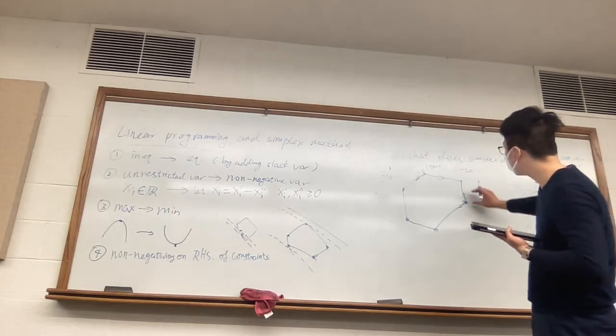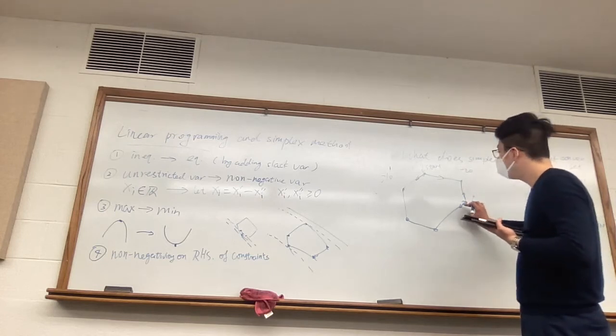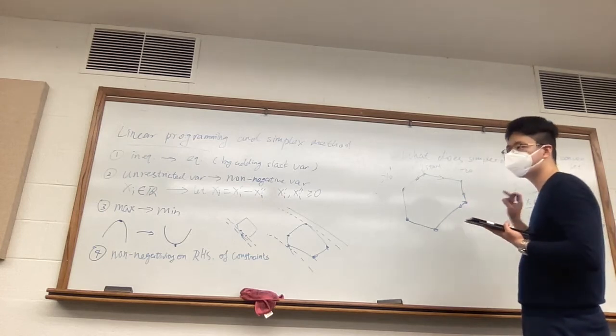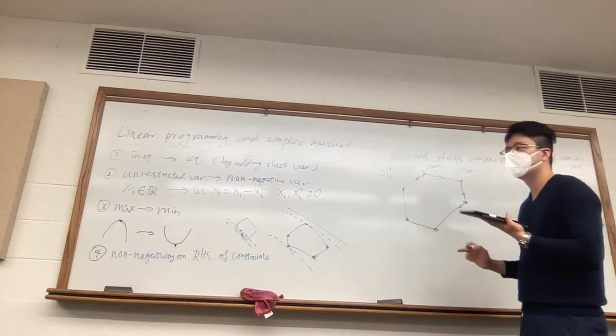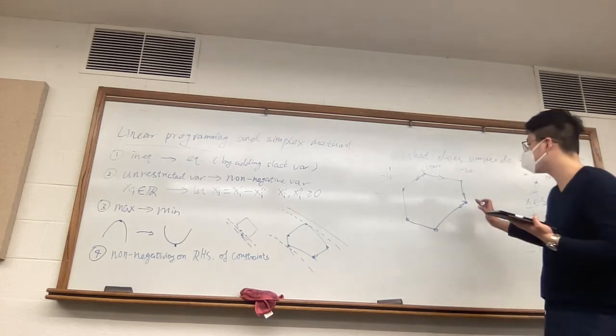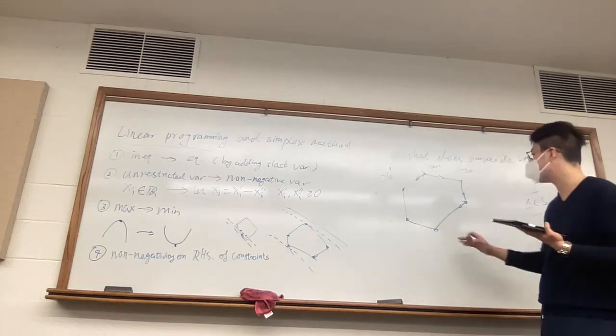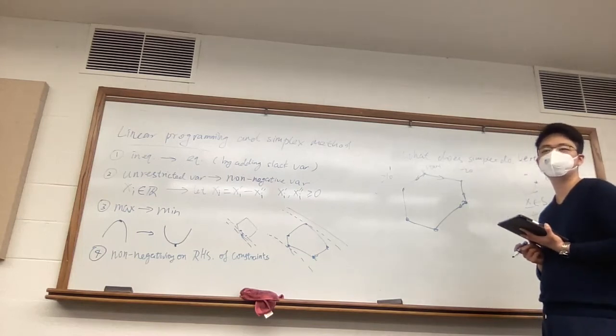Why can I stop if I find a vertex such that for any adjacent vertex in this feasible region the value of the objective function increases, and I am pretty sure that this is the global optimal solution? Why?